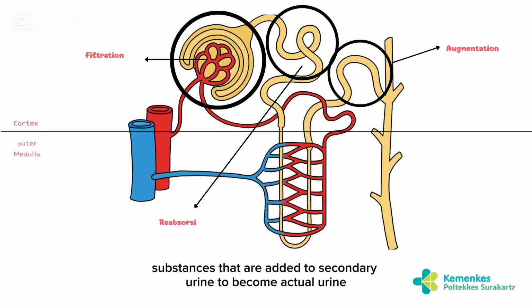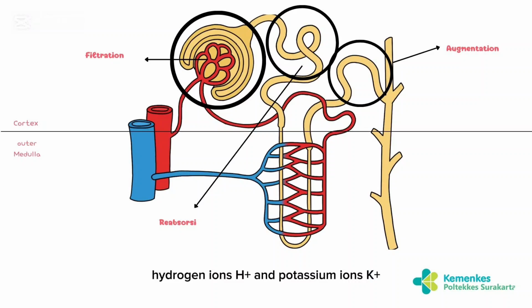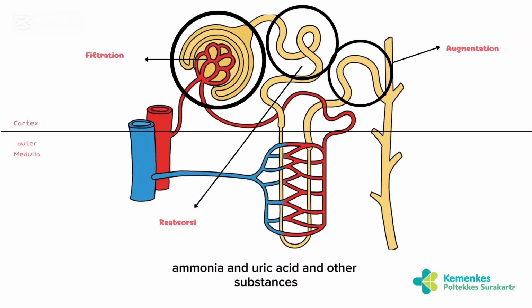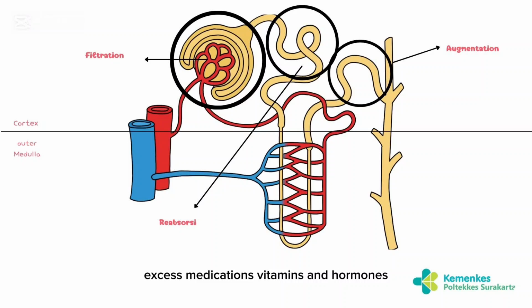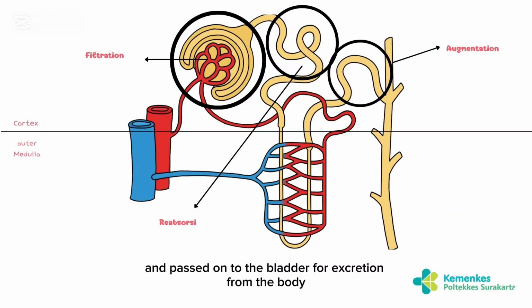Substances that are added to secondary urine to become actual urine include ions, hydrogen ions, H+, and potassium ions, K+. Metabolic waste products, urea, ammonia, and uric acid, and other substances, excess medications, vitamins, and hormones. This process produces actual urine, which is then transported to the renal pelvis and passed on to the bladder for excretion from the body.